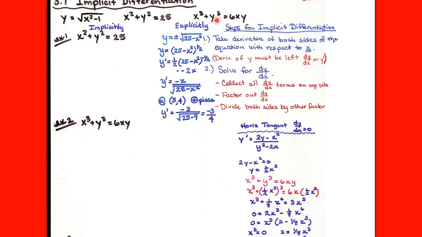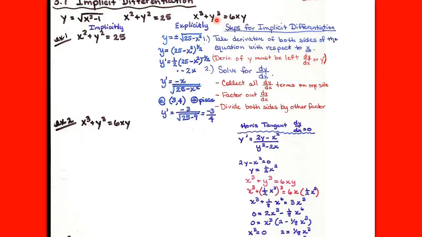I'm going to have to do all kinds of craziness to get y by itself, and then what I'd be left with would be an equation so obnoxious to take the derivative of, it's just not going to be practical. So implicit differentiation in some cases might be an easier alternative. In other cases, it might be the only alternative.